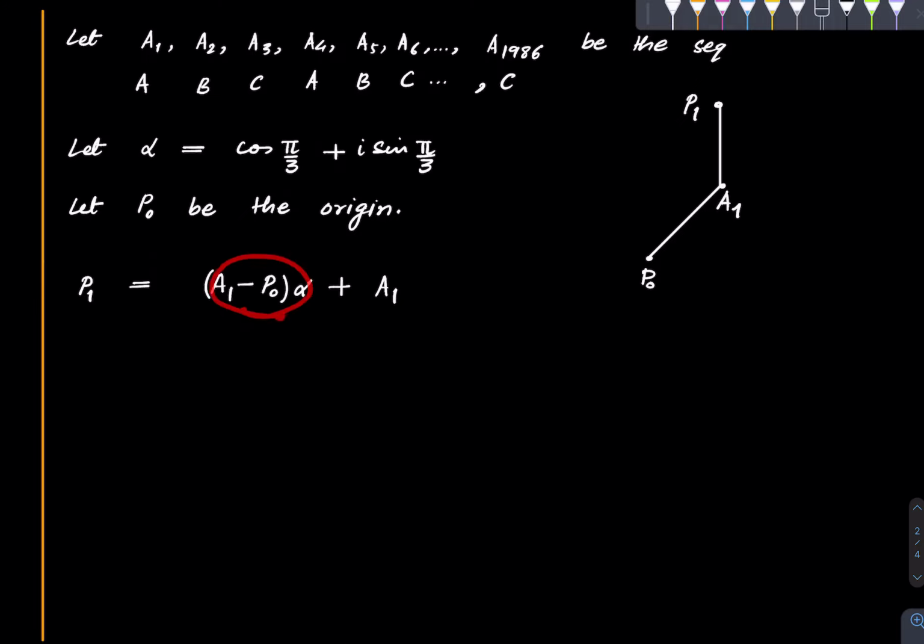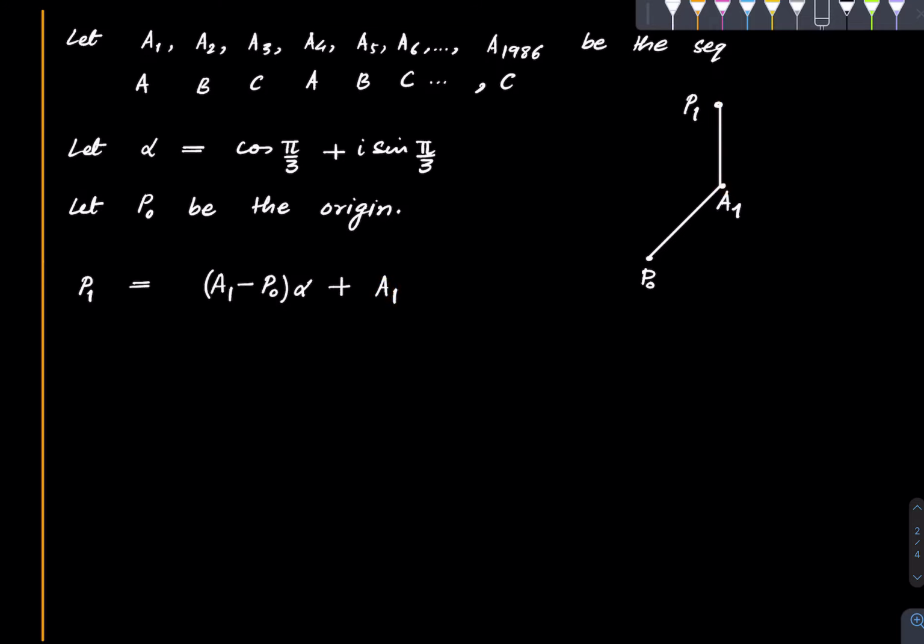Right? So what is this guy? This guy is that vector, because it is just the rotation of this guy by 60 degrees, and hence you get that vector. That's the definition. That's how the problem is defined. And you add that to A1, because when you add this vector to A1, you get P1. So this can be written in a different way.